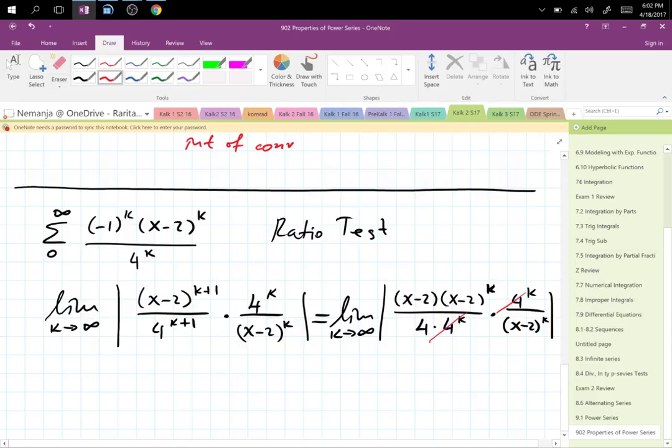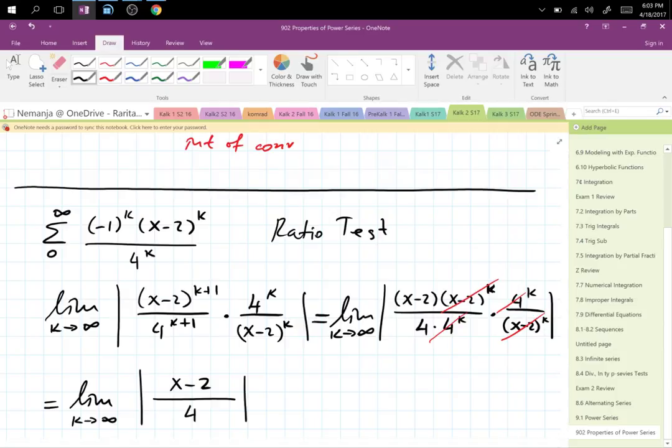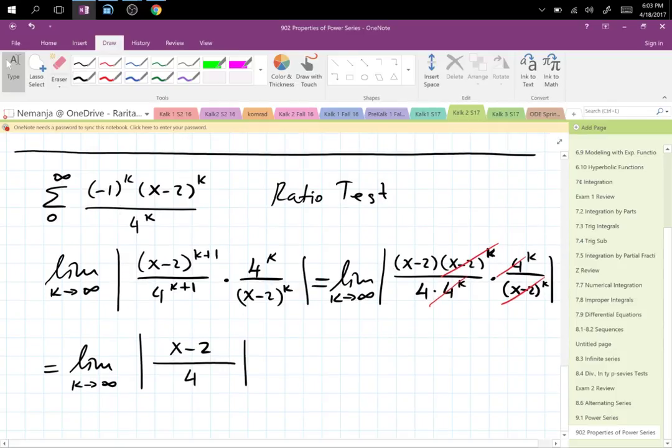So 4 dies with this one, x minus 2 dies with that one, and I have limit k goes to infinity, and what's left is the absolute value of x minus 2 in the numerator divided by 4 in the denominator. Observe that there are no k's, right?